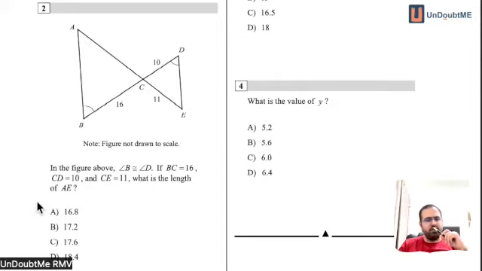What is the ratio of BC and CD? It's third.